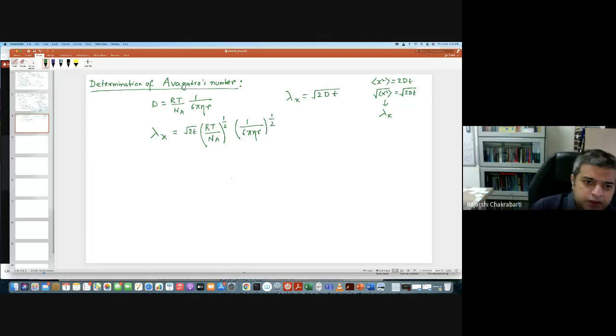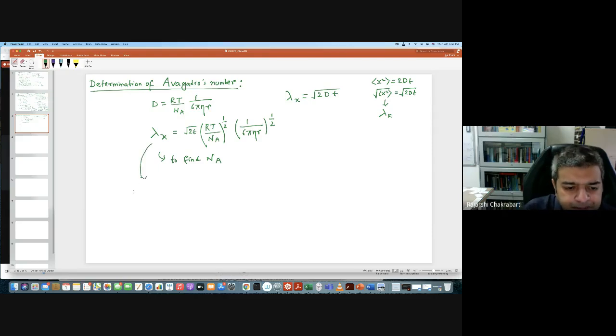This is the expression. And actually one can use this expression to find Na. And lambda x you get from experiment. Experimentally one can measure.